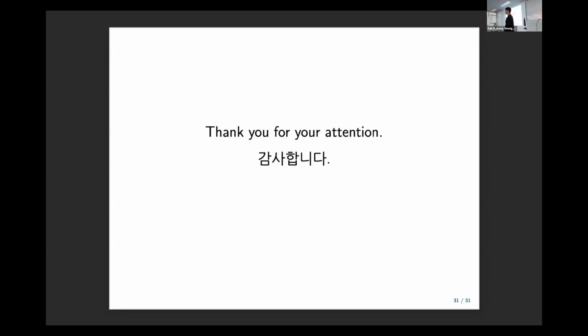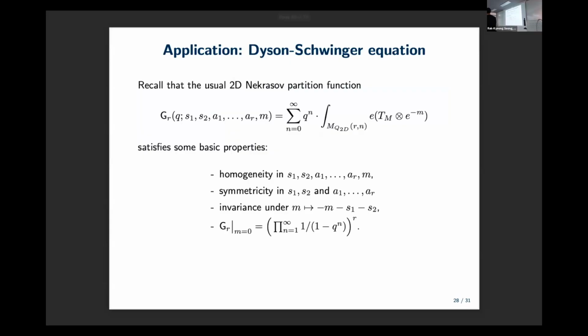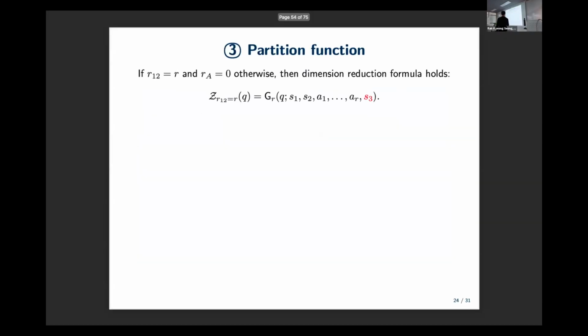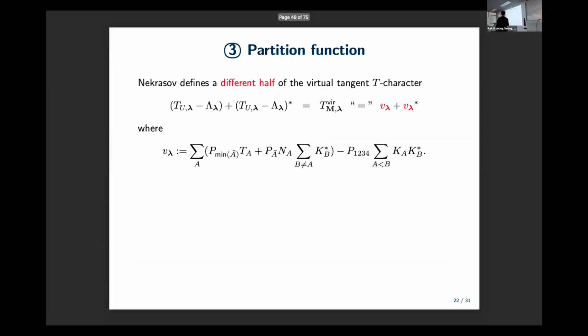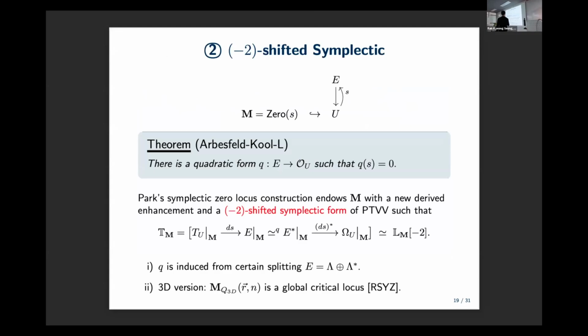A question from a non-mathematician. Your theorem with the quadratic form: does that mean that this moduli space has a symmetric obstruction theory? No, it's something different. That would be for the 3D version that I just very briefly mentioned, where you can think of it as a Calabi-Yau.